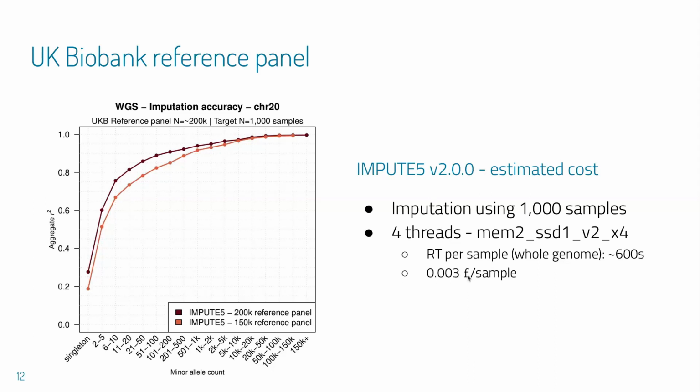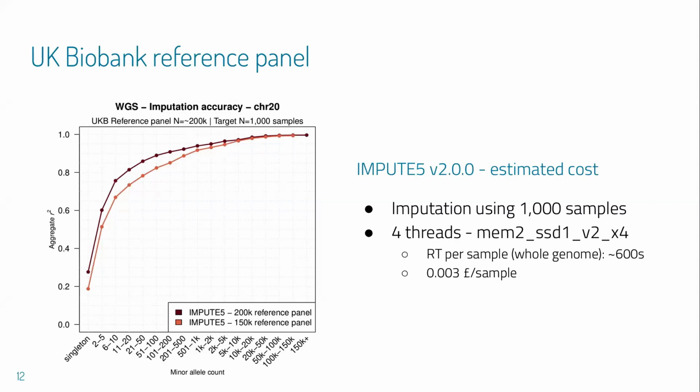So it's extremely cheap. It will be able to scale to almost a million samples for just a few thousand UK pounds. So this is what I wanted to tell you about SNP array imputation, the latest development we did.